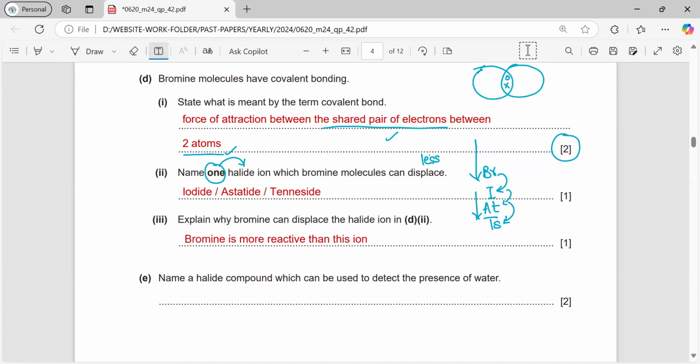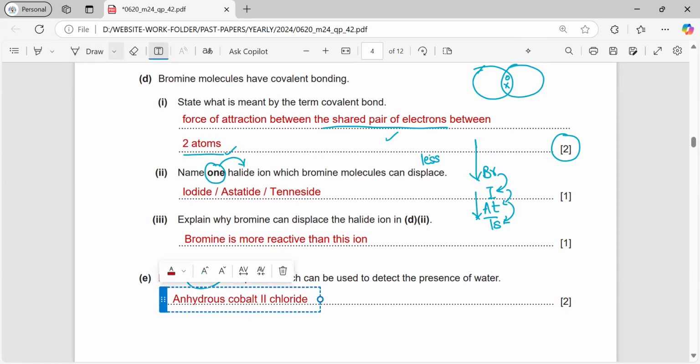Name a halide compound which can be used to detect the presence of water. So, a halide compound which can detect the presence of water is cobalt chloride. For this test of the presence of water, we take blue cobalt chloride paper. We have blue cobalt 2 chloride, and it turns from blue to pink in the presence of water.